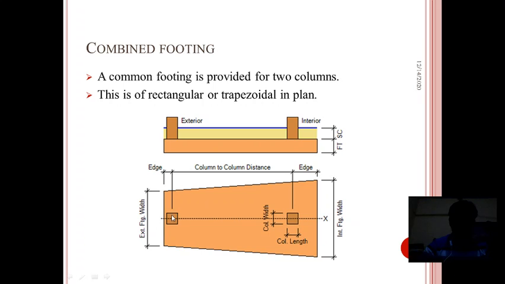In the second figure given at the bottom, the shape is trapezoidal in nature. On the left side you are seeing the shorter side, at the right side you are seeing the longer side. So this is of trapezoidal shape. The advantage here is that, in order to restrict the width of the footing, we provide a common footing for two columns.